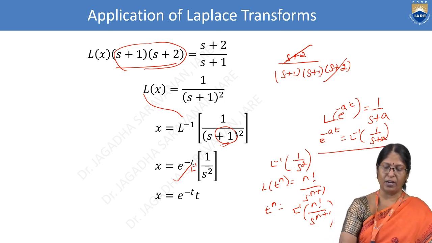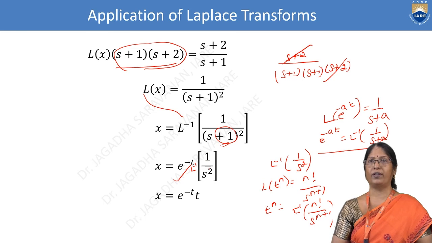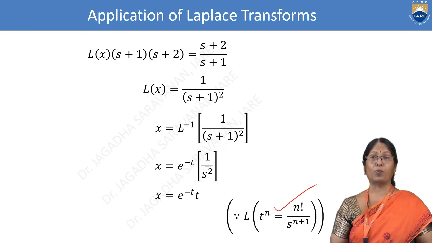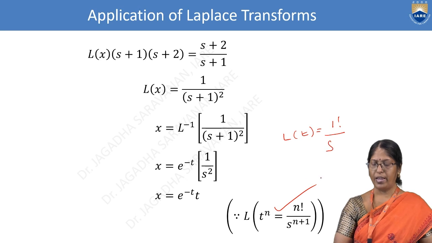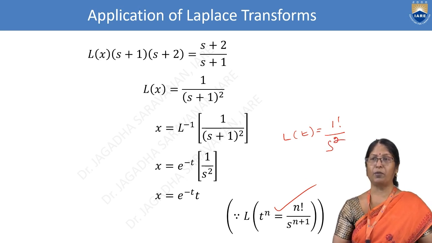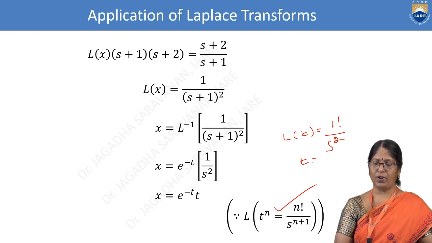According to this, here 1 by s square is there, so we can see that formula only is written. So we can substitute: 1 factorial, s power 1 plus 1, it's nothing but 1 by s square. So t equal to L inverse of 1 by s square. It's nothing but t.